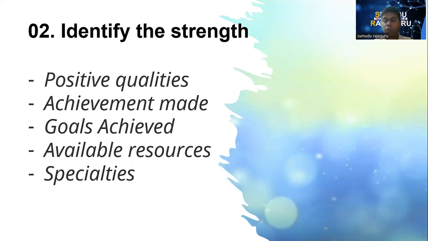And also, what resources are currently available in the organization? If there are any specialties, we can consider those specialties also as a strength. By considering these factors, we can identify the strength in the organization. When we consider a person, by considering these factors, that person can identify what strengths they have.